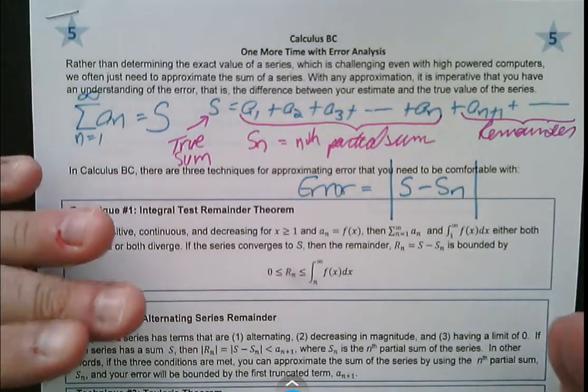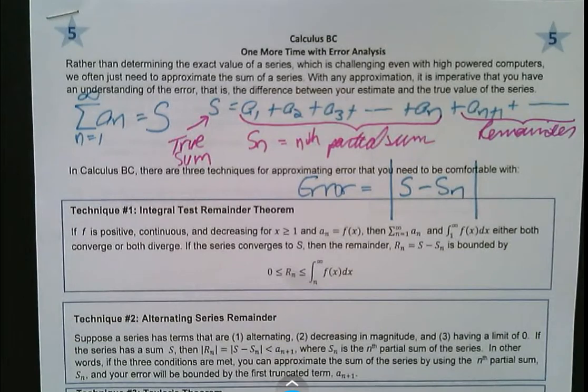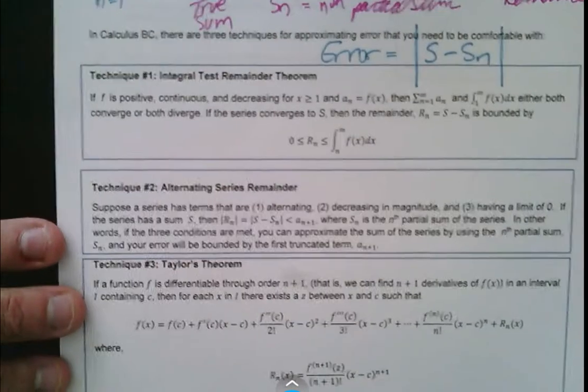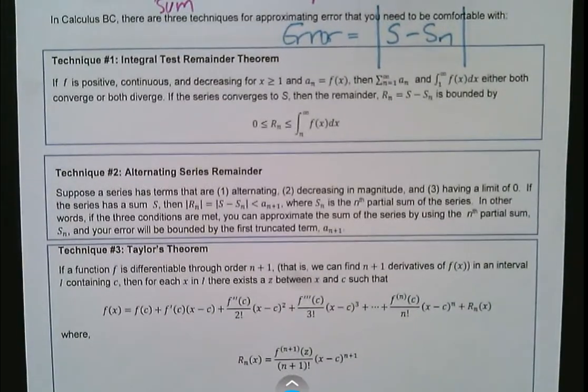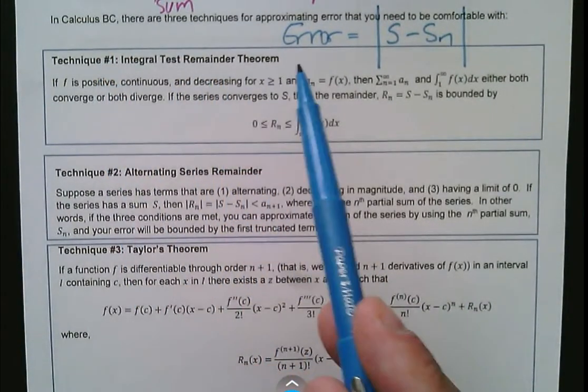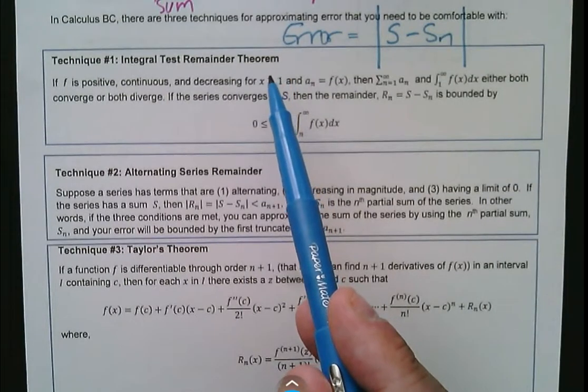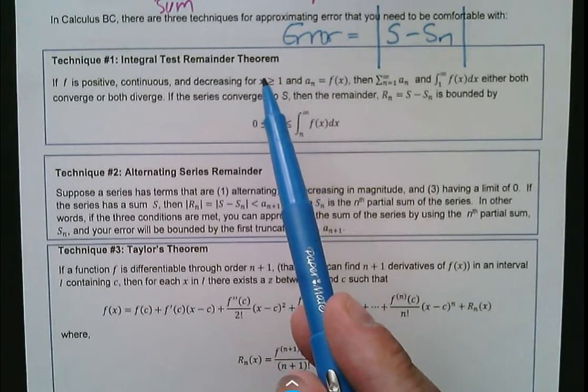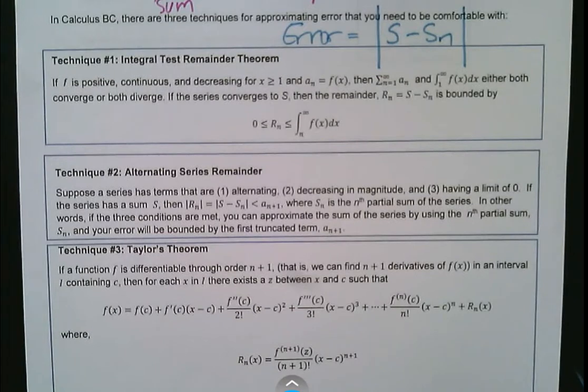We're going to look at three completely different ways to go about finding an error bound. The first one comes with the integral test. Remember, the integral test works if you have a series that has positive terms, and the function that generates those terms is continuous and decreasing.